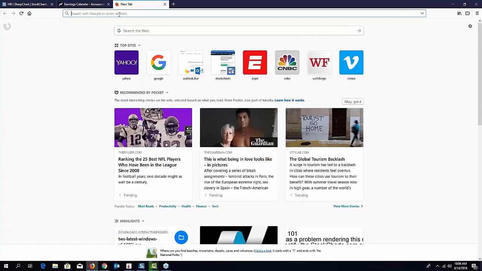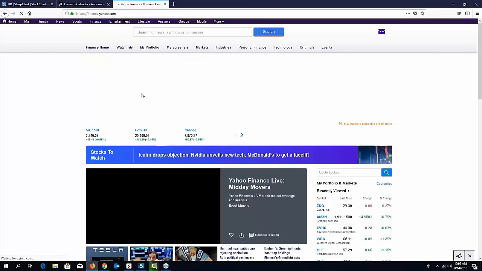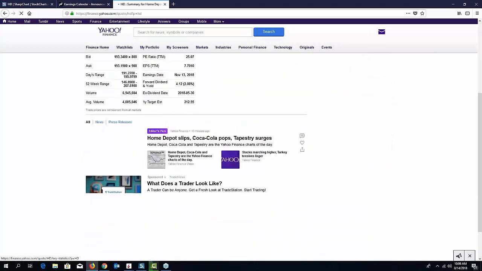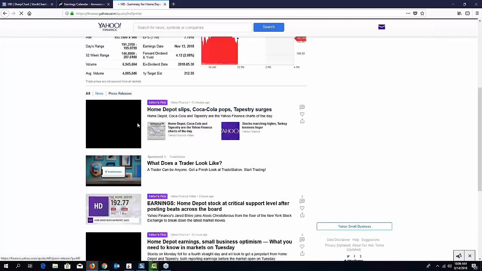Now, if we go to the headline, that might be fun because the headline doesn't always suggest what the actual result is. So let me go into Home Depot, see if it has the headline up, big earnings beat and so forth. Here I'm going to go to a different website, Yahoo Finance. If I type in Home Depot, let's see here.